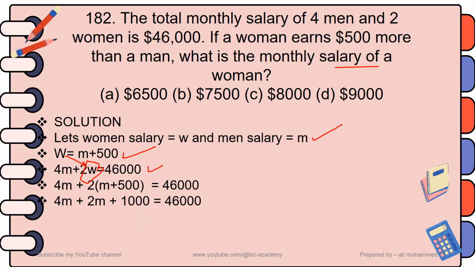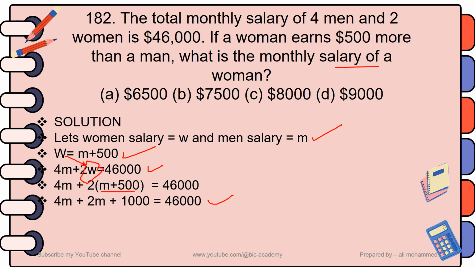Now let us distribute to the elements in the parentheses, and 4M + 2M + 1000 is equal to 46,000.